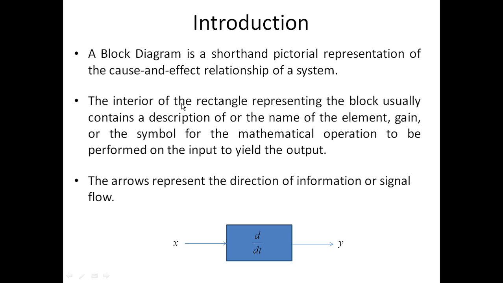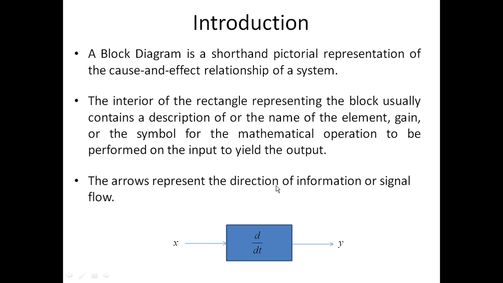The interior of the rectangle representing the block usually contains a description or the name of the element, gain, or the symbol for the mathematical operation to be performed on the input to yield the output. So here the operation given is a derivative operation.